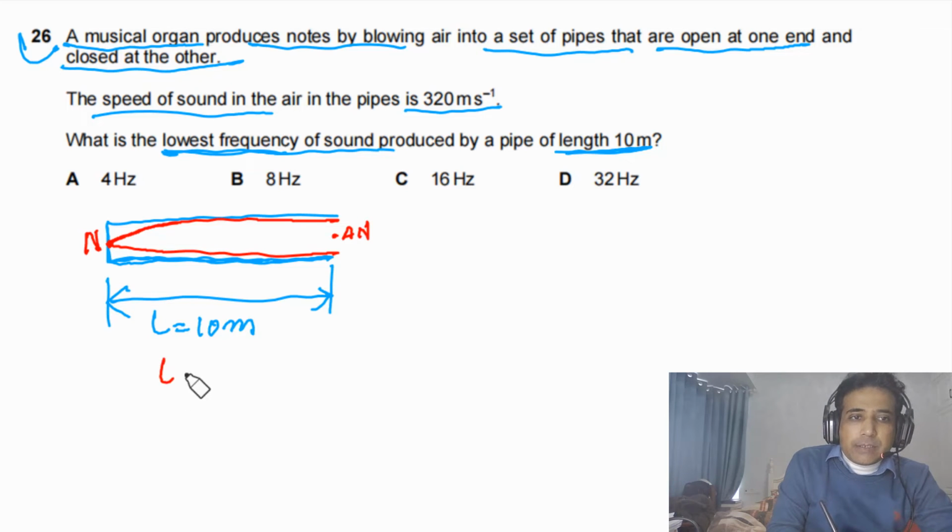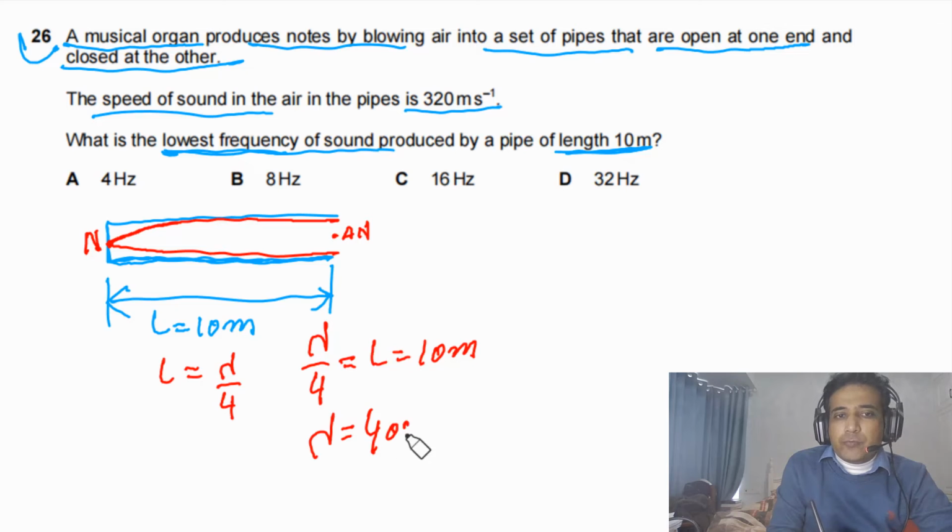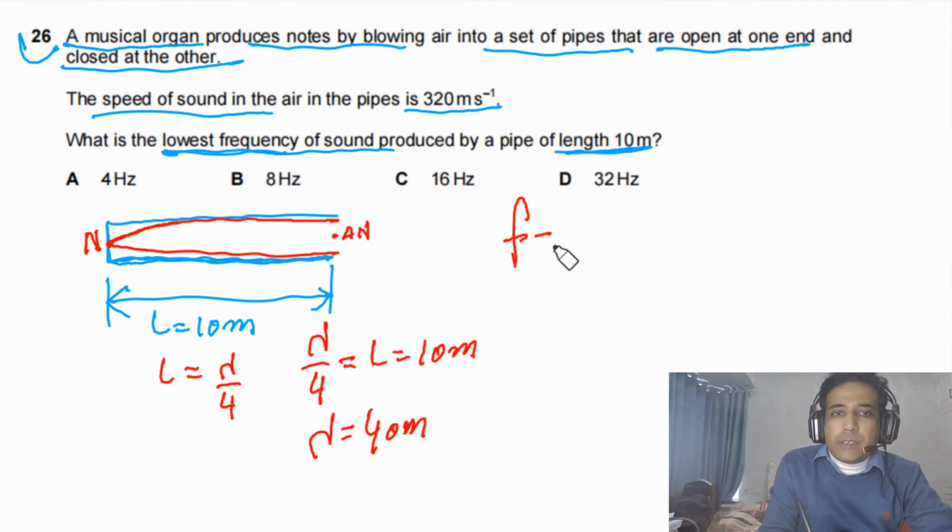So in this case, L is equal to lambda by 4. So simply we can say lambda by 4 is equal to L, and L is equal to 10 meters. So lambda is equal to 40 meters. We need to calculate frequency. So frequency is equal to V divided by lambda.